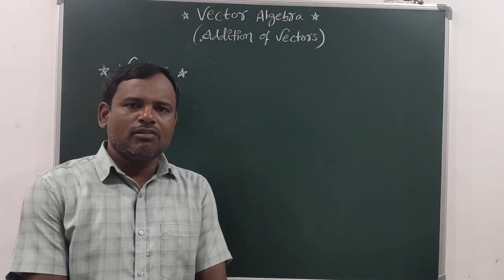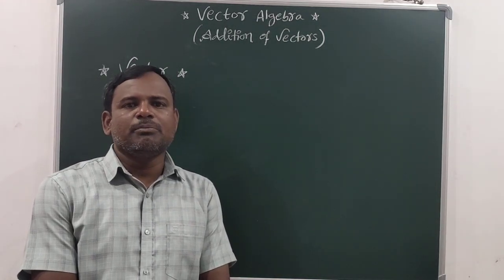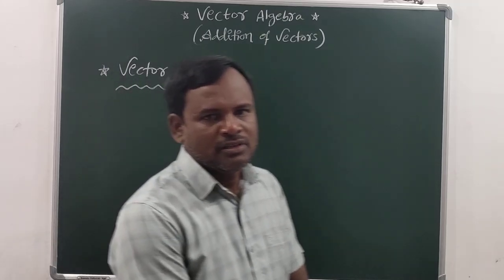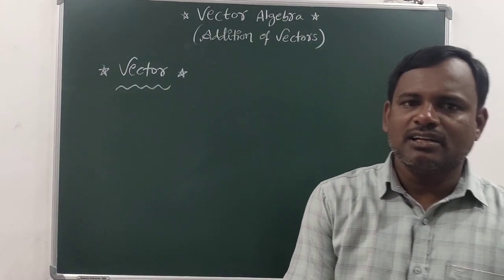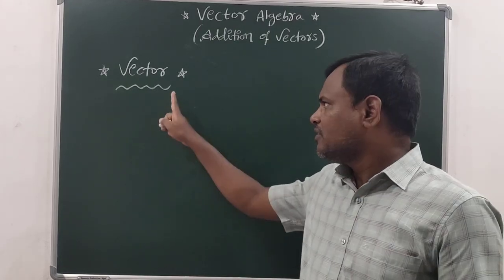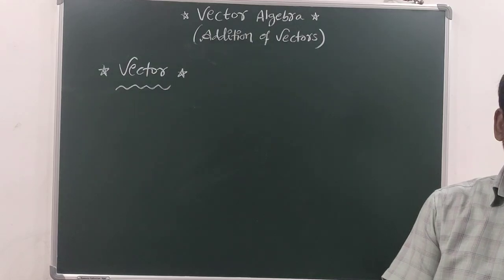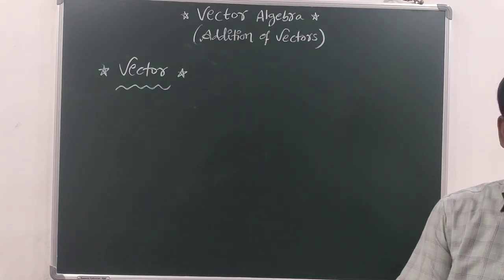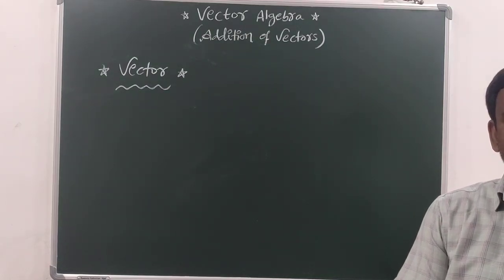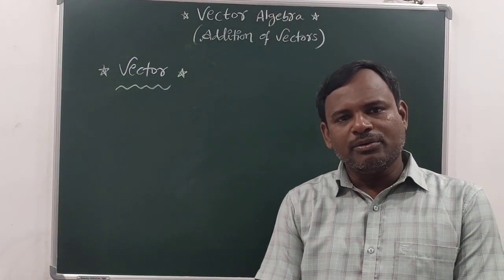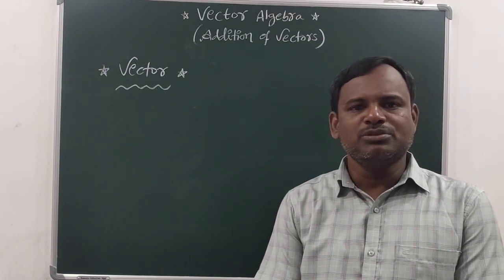In this class, now I am going to explain you the complete concept of addition of vectors. So first let us learn the definition of a vector. You have learnt this definition of a vector in physics as a physical quantity having magnitude and direction is known as a vector.